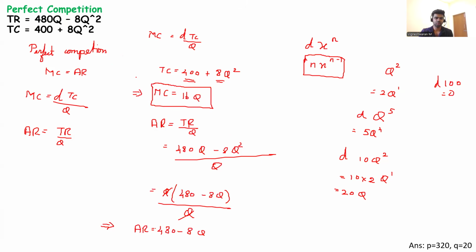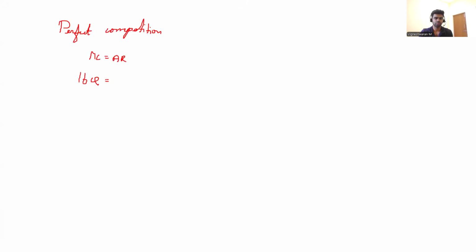What is the value for AR? 480 minus 8q. So it will go this side: 16q plus 8q is equal to 480. 16 plus 8 is 24. 24q is equal to 480. Q is equal to 480 by 24. So Q is equal to 20.